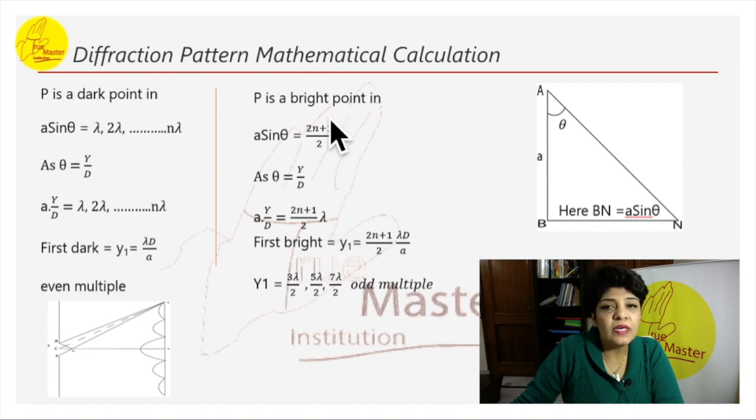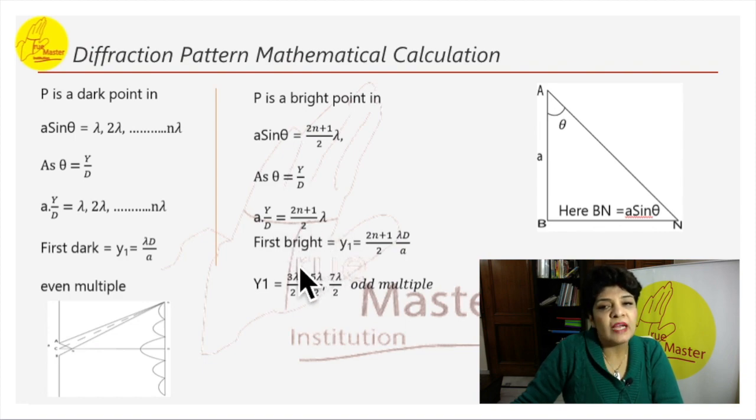Now when we calculate the bright point, for the bright point, a sin theta equals (2n plus 1) by 2 lambda. This value is not lambda anymore. It is (2n plus 1) by 2 lambda for the bright point. If we put theta equal to y by d, then substituting this value in sin theta, we get a into y by d equals (2n plus 1) by 2 lambda.